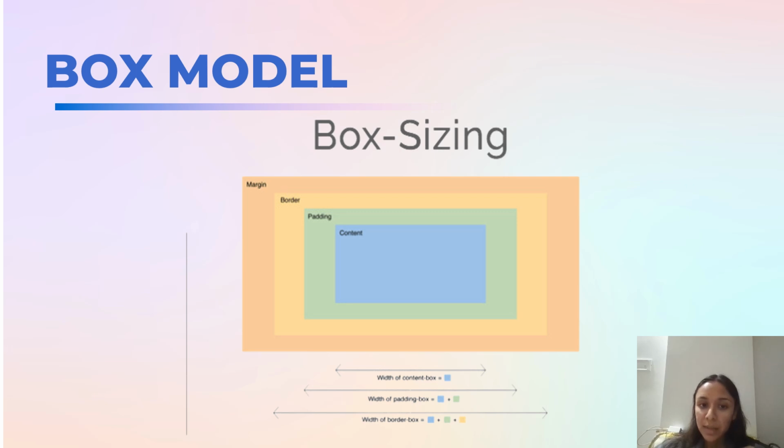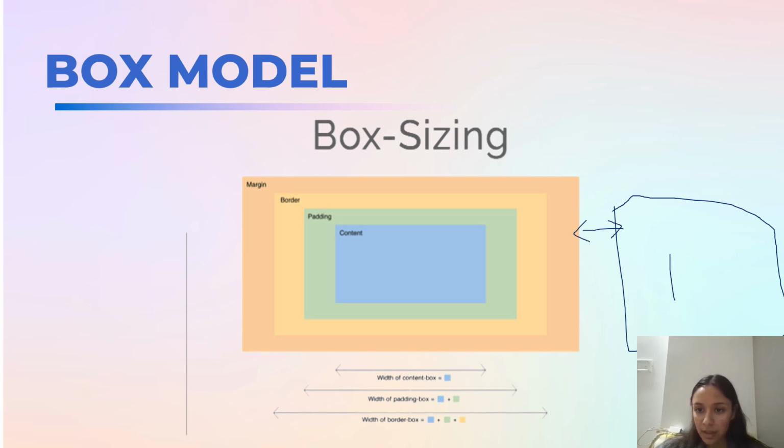So we have a content here, which is the blue area. Then padding is the space between the content and the border. Then a margin is the space between two divs. So consider if we have the same div here as well. I'll just show you by drawing. If I have another div here, the space between these two will be the margin.